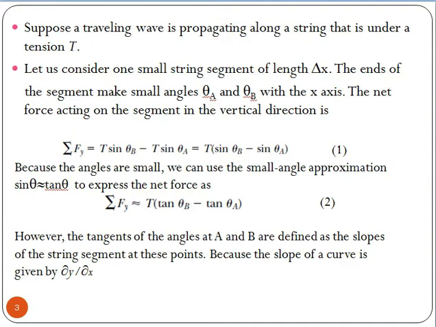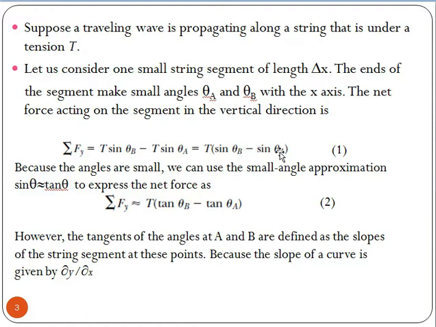So the net force acting on this segment in the vertical direction is this. Now look at the situation. Because there is no motion along the horizontal direction, the net force along the horizontal direction is 0, and the net force will be only in the vertical direction.